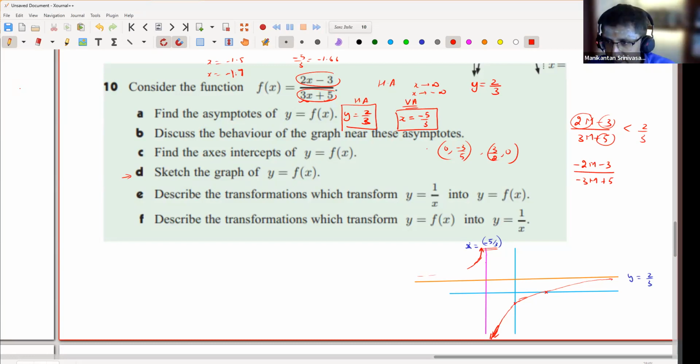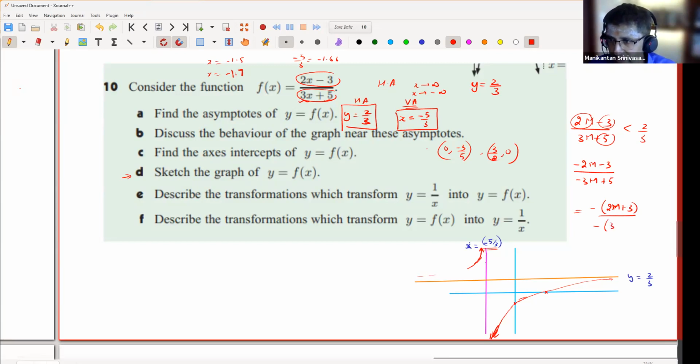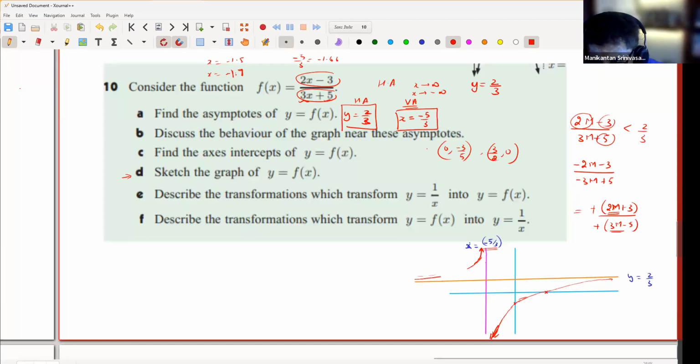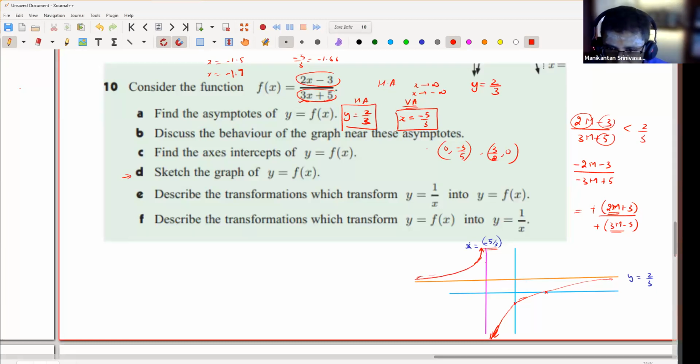In other words, I can write it as 2 million plus 3 upon minus of 3 million minus 5. Minus and minus will get cancelled. So it's a little more than 2 million in the numerator and a little less than 3 million in the denominator, which means net it's going to be more than 2/3, which is why it'll approach this horizontal asymptote from the higher side.